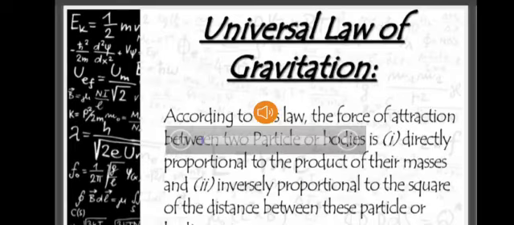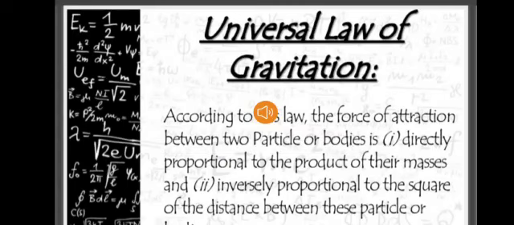Universal law of gravitation. According to this law, each particle attracts every other particle in this universe. That is, the force of attraction between two particles or two objects is directly proportional to the product of their masses and inversely proportional to the square of the distance between them.